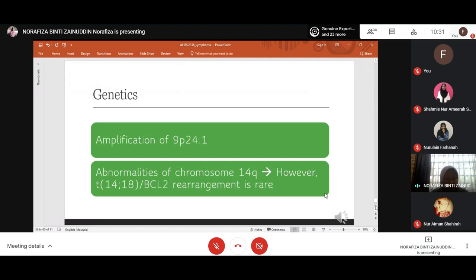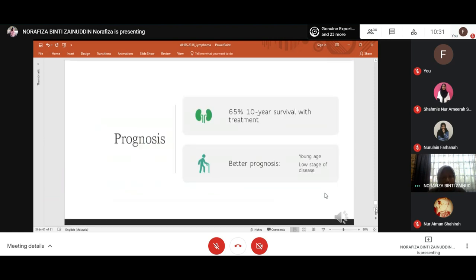Although many cases of classical Hodgkin lymphoma show abnormalities of chromosome 14q, it is rare to identify translocation of 14;18 and also BCL2 rearrangement as seen in B-cell non-Hodgkin lymphomas. Right.